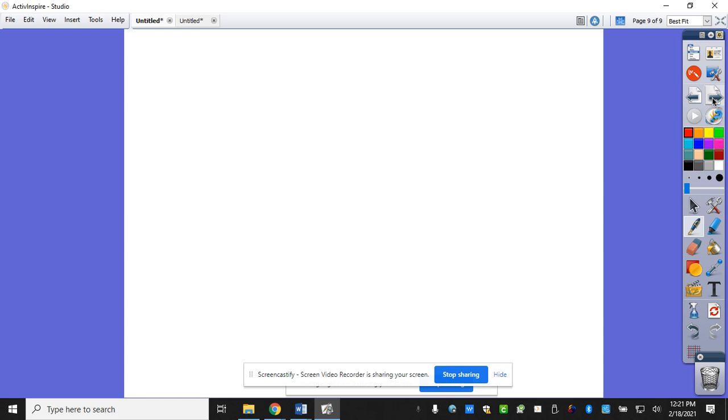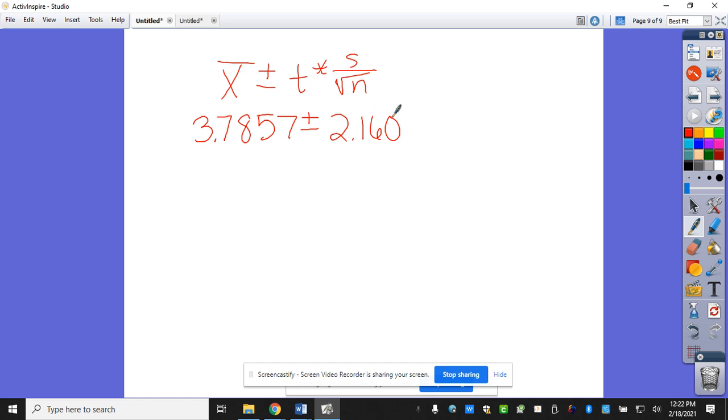All right, so then I'm going to shorthand this so that I have enough room to write it. You get a T of 2.160 using a degrees of freedom of 13. I'm skipping writing the top part out just because it'll all be written here. So you should have gotten an x bar of 3.7857, a T of 2.160.